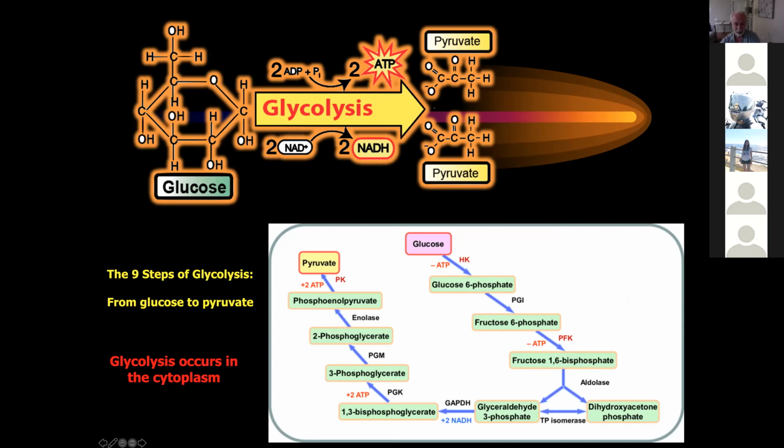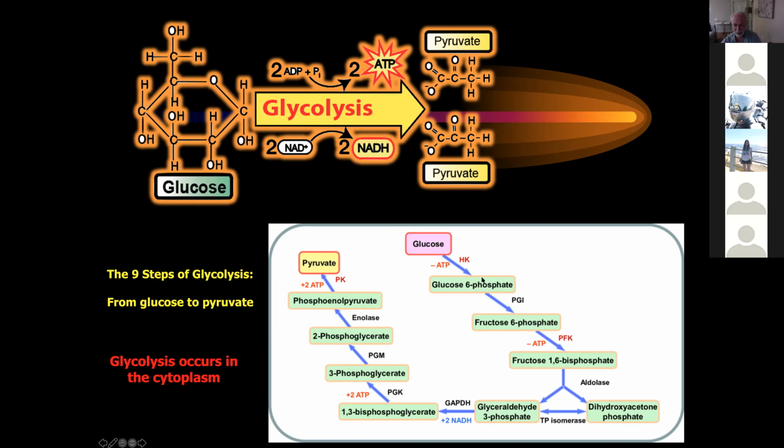So it just cuts the molecule in 2. But what actually happens is a 9-step process. 2 of these steps, the first one, hexokinase, requires a molecule of ATP. There's another step farther down the path that requires another molecule of ATP.